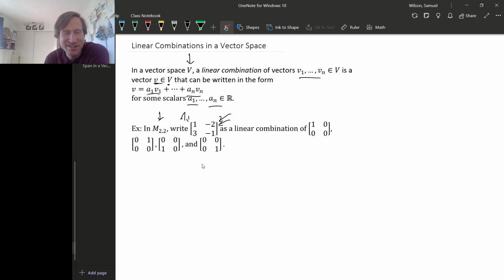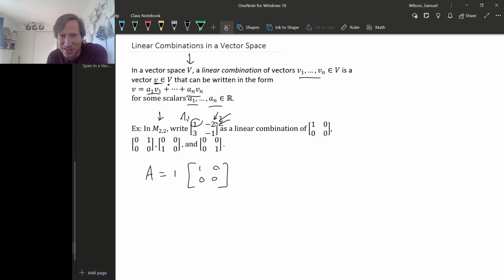How could we write this as a linear combination of these other four? Well, it's not hard to see how for this particular example, right? Since 1 only shows up in a single location in these other four matrices, the position of that 1 is going to be the only way we can get non-zero entries in the corresponding position. So to get A as a linear combination of these four, to get this 1 to show up, we need 1 times [1, 0; 0, 0].